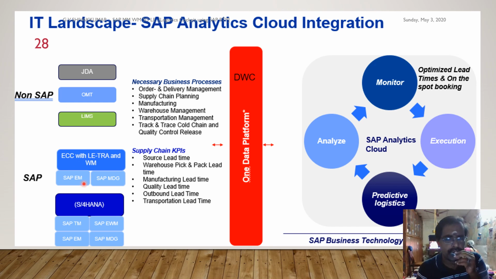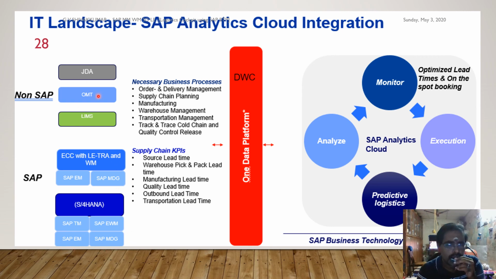SAP means ECC with LE-TRA and WM warehouse management, MM, PP, SD, QM, all these things, and then SAP Event Management and SAP Master Data Governance, and SAP S/4HANA with SAP TM, integrated TM, embedded TM or standalone TM, and SAP EWM, SAP Enterprise Event Management, and SAP MDG.